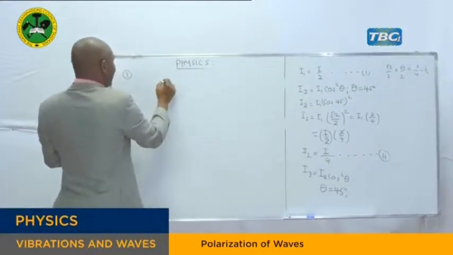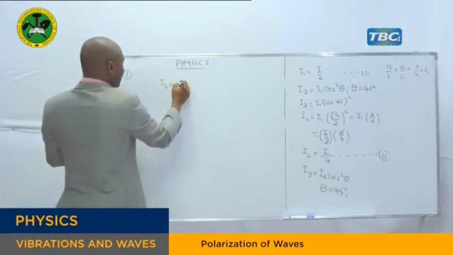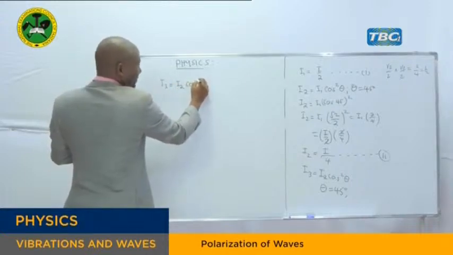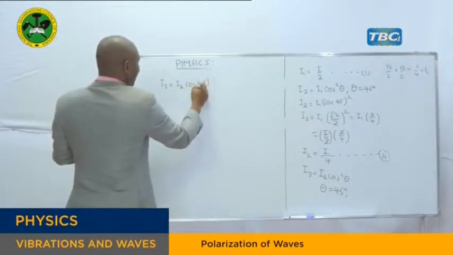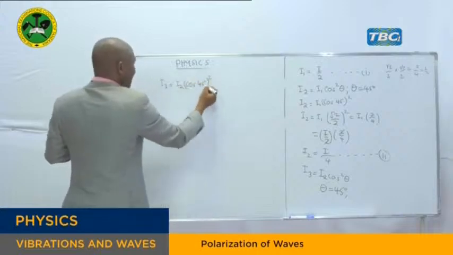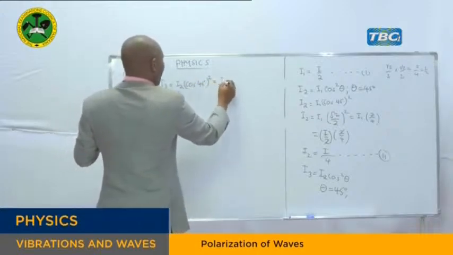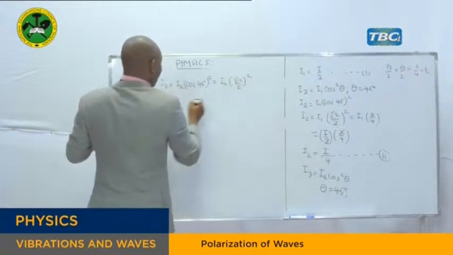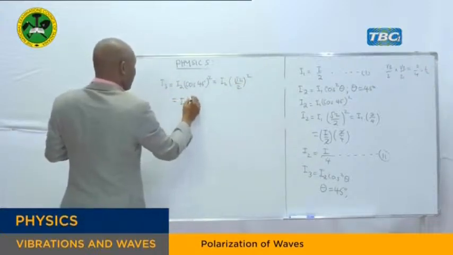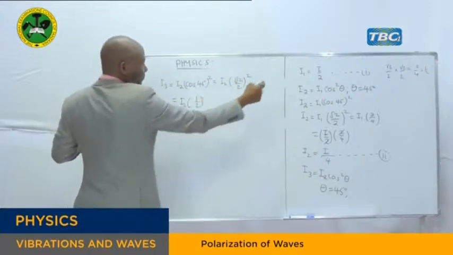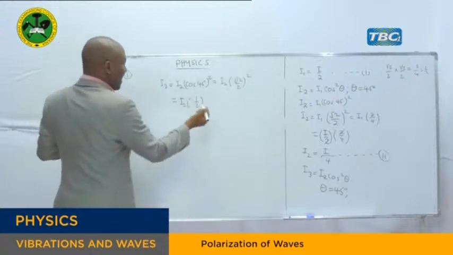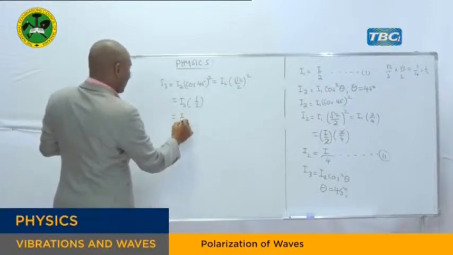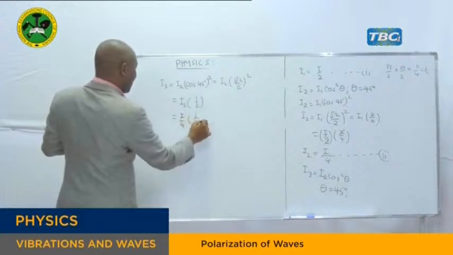So I3 equals I2 cos squared of 45, which is the same as I2 times radical 2 over 2 squared. We saw this is a half. Now what is I2? We got I over 4, times a half.